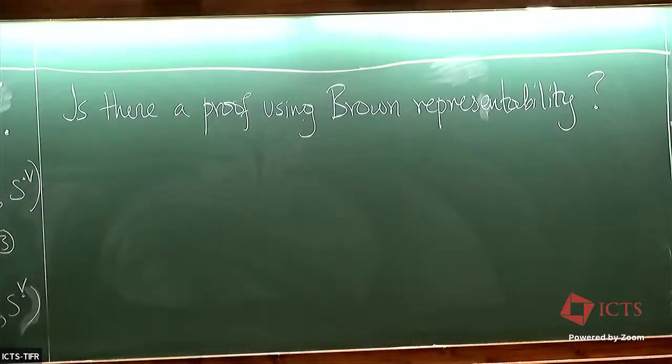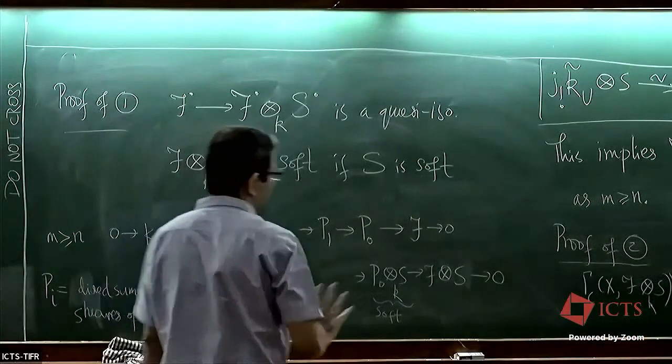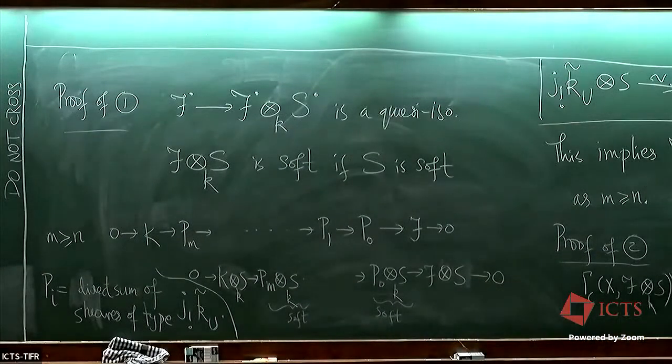All I can say is that this kind of argument is what is making it happen, but it doesn't really reveal anything. This kind of argument, taking a resolution of this length and checking it over these sheaves, is somehow what is being used throughout. I don't know anything more to say about it.